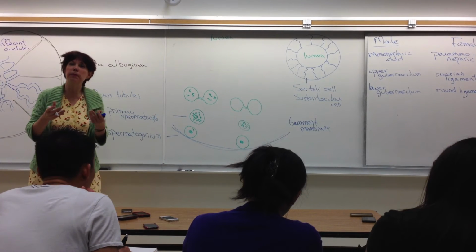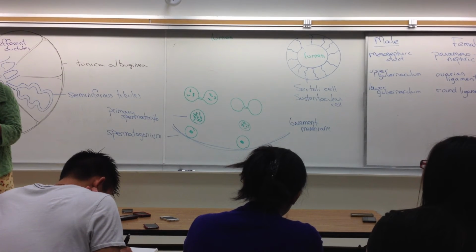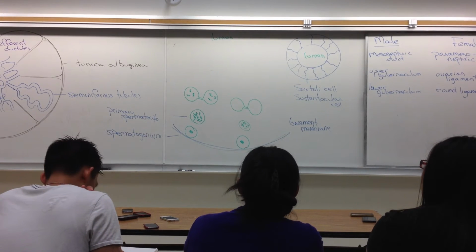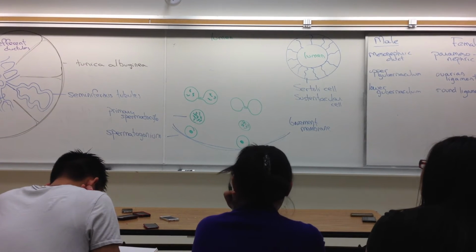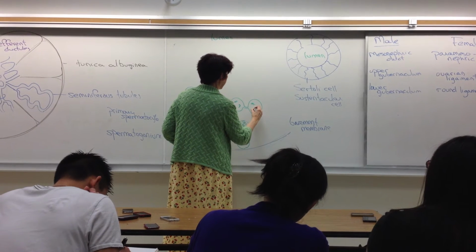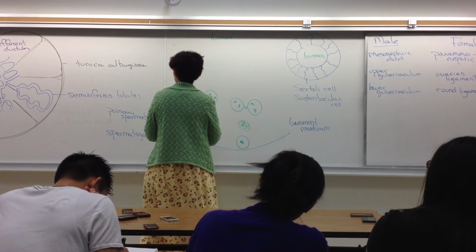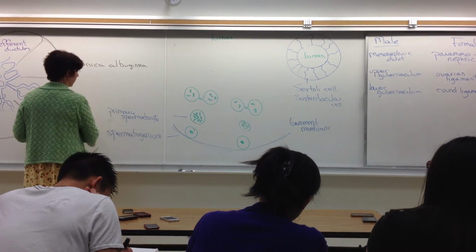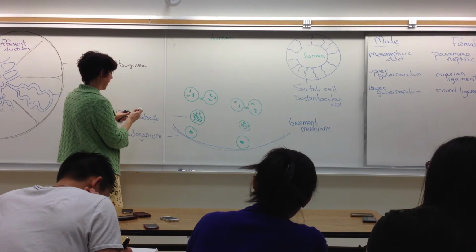We're reducing the number of chromosomes because the entire intent, when this is a mature sperm, it's going to fuse with an egg, and each one has to have half of the amount of chromosomes. In physiology class, but these are now identified as secondary spermatocytes.